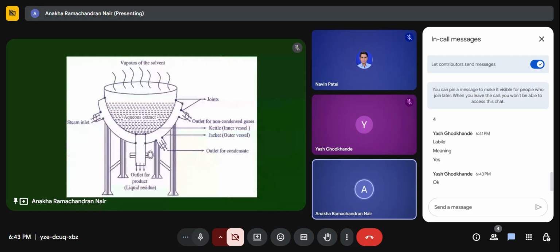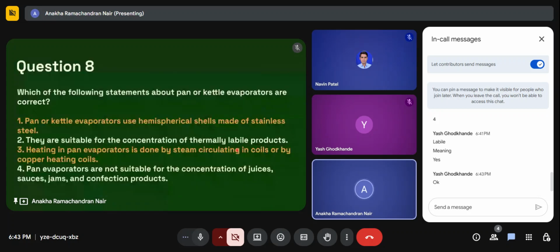Labile by itself means unstable or easily altered, right? And the thermally in front of it means that the instability or the alteration is because of application of heat, right? Yeah. So let's move on to the next question.